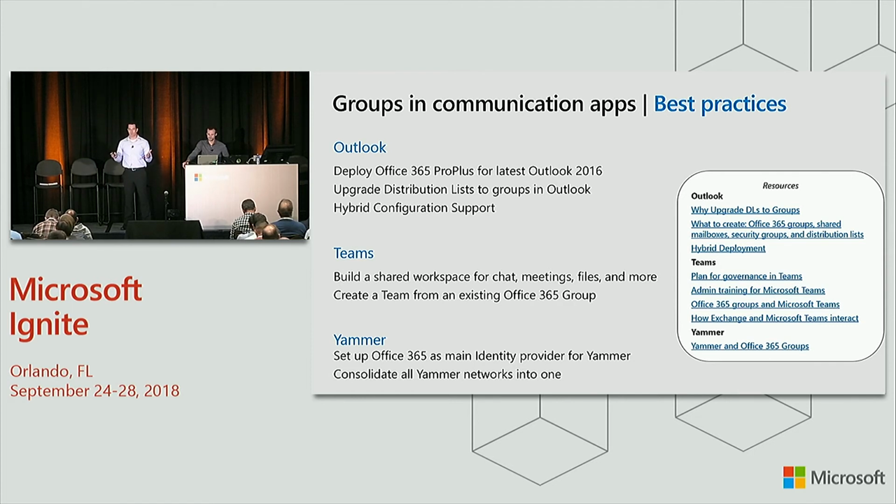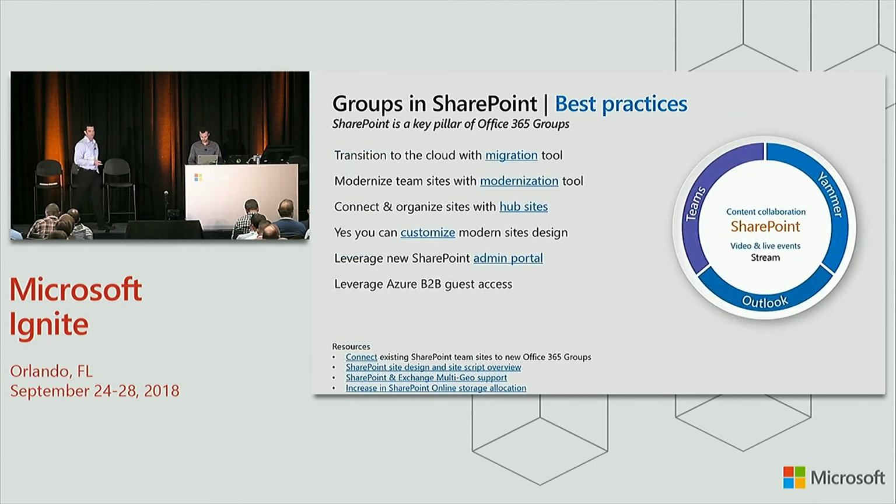Second, Yammer has had a scenario where you could have multiple networks, and we're really suggesting that customers consolidate their networks into a single network because this will facilitate some of the cross-tenant collaboration much easier as we get deeper into Office 365 groups. So if you are a heavy Yammer user, you can check out this link around Yammer and Office 365 groups. It goes a little further into that scenario.